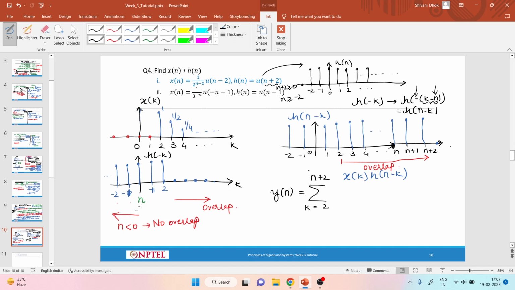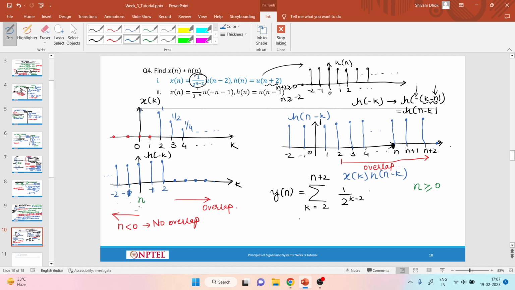It is this factor, 1 upon 2 to the power k minus 2. And the value of h of n minus k for this range is equal to 1, so this will be multiplied by 1. This arises for the case when my n is greater than or equal to 0, because my first overlap starts when n is equal to 0. So this is the equation that you need to solve.